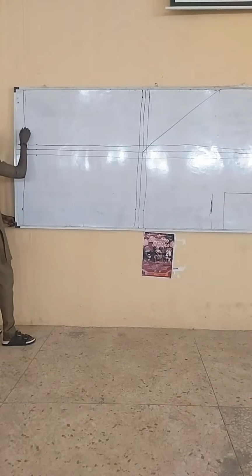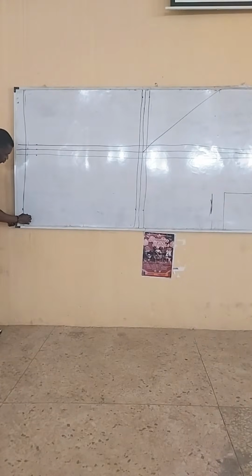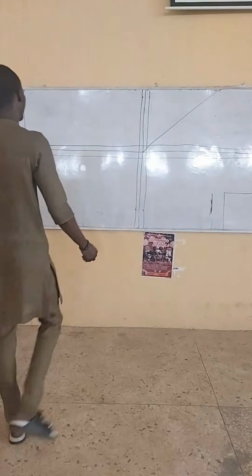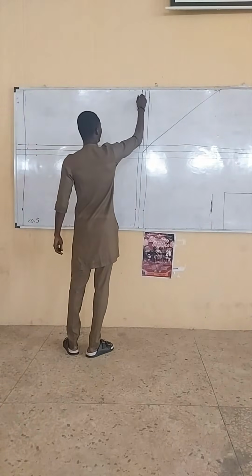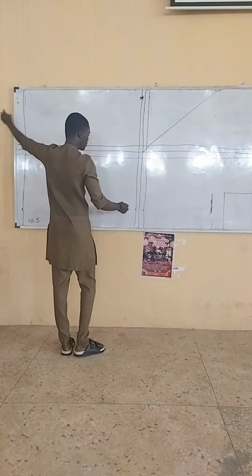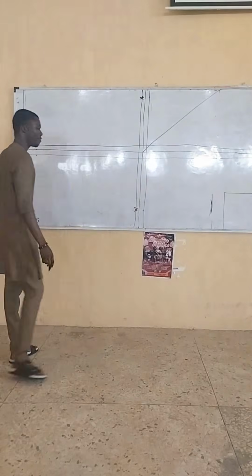So horizontally, you mark out 20.5 from the original line, this last line. From this line, mark 20.5 to your left.